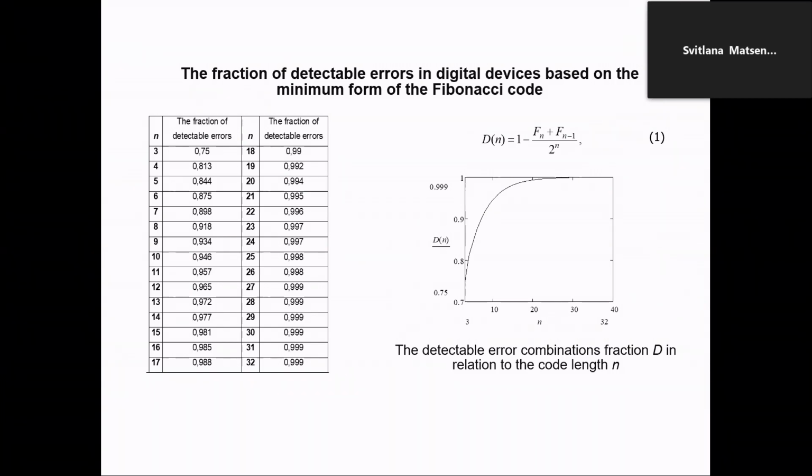Now you can see information about the fraction of detectable errors in digital devices based on the minimal form of the Fibonacci codes. This code has a high error detection ability, 99.9% with code length equal to 32.